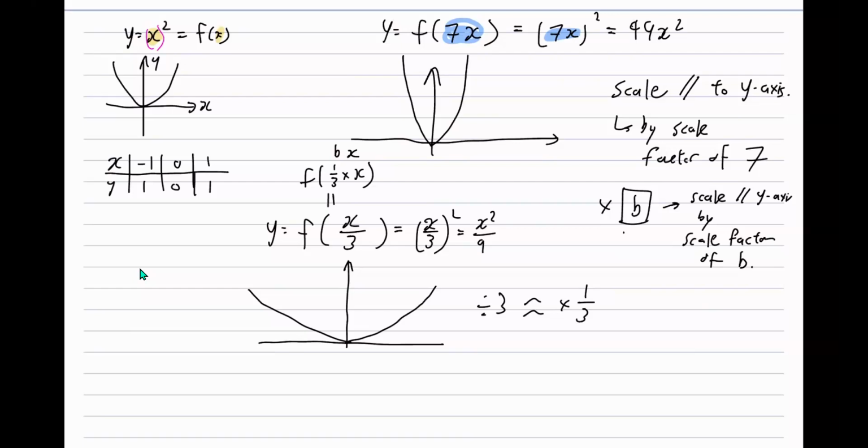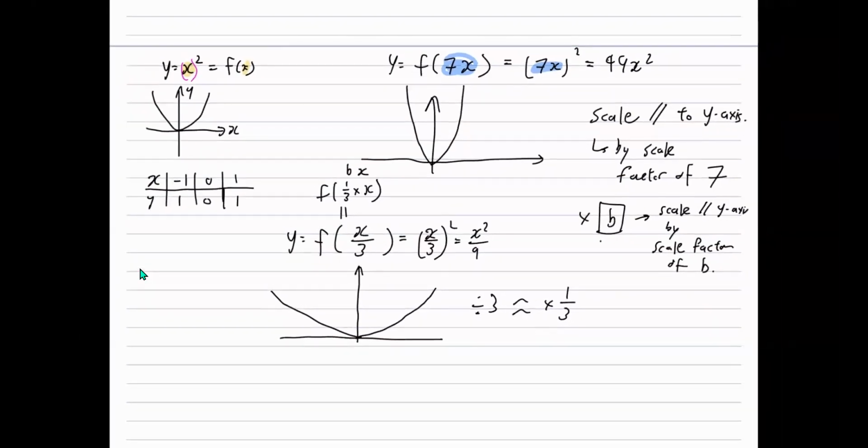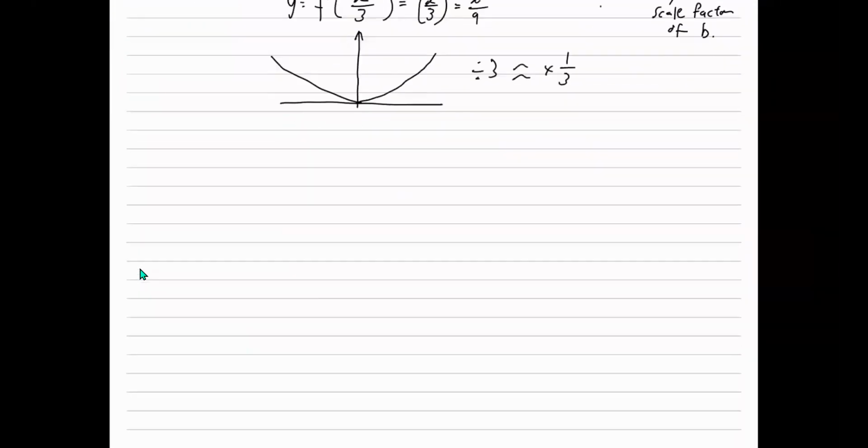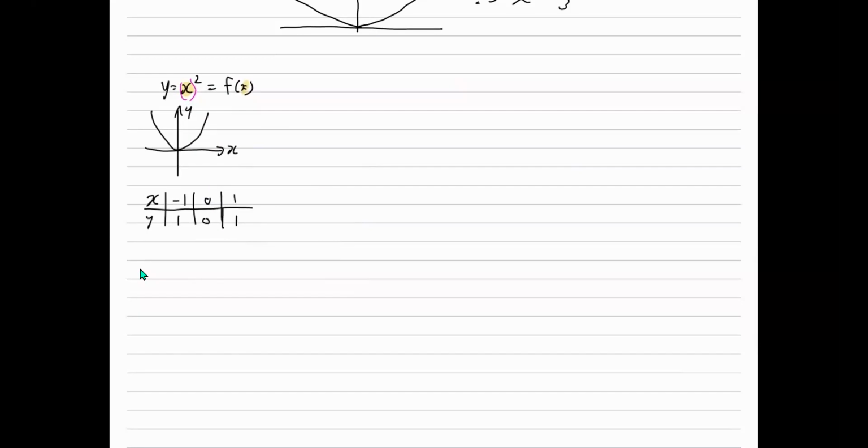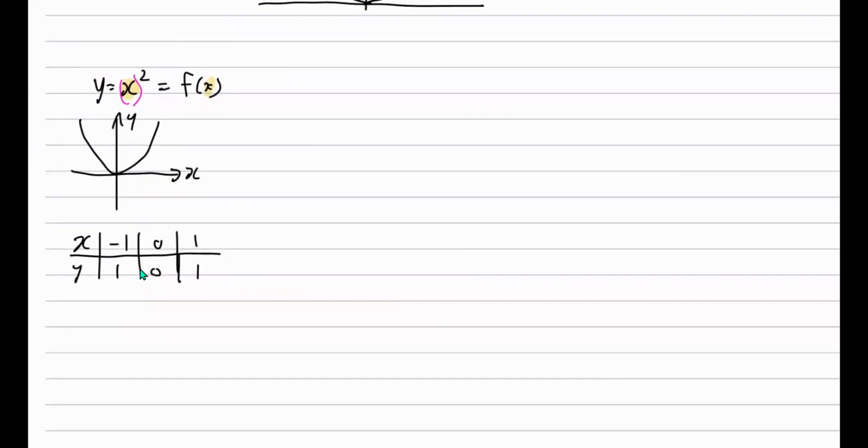How about if you multiply or divide outside of the brackets, in other words directly on the f? So for example, I want you to sketch y equals 7 times f of x, which is 7 times x squared.